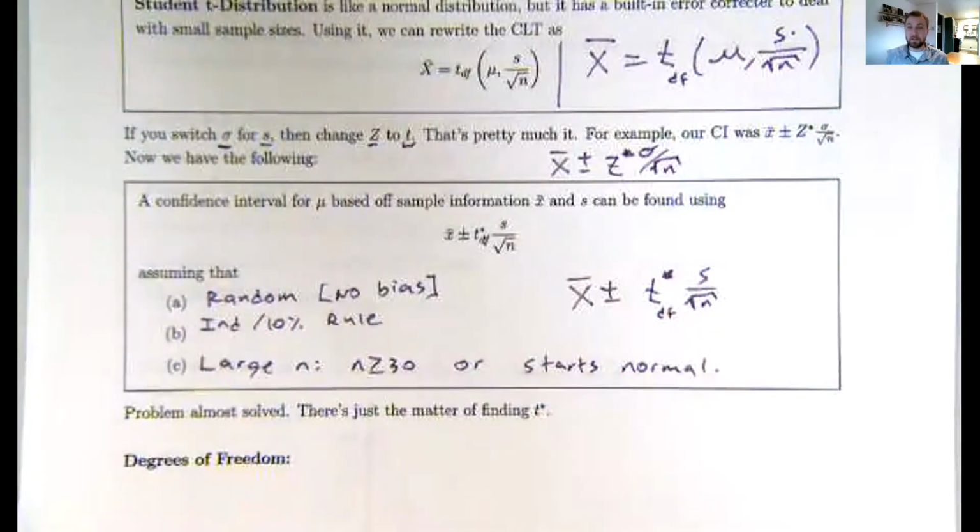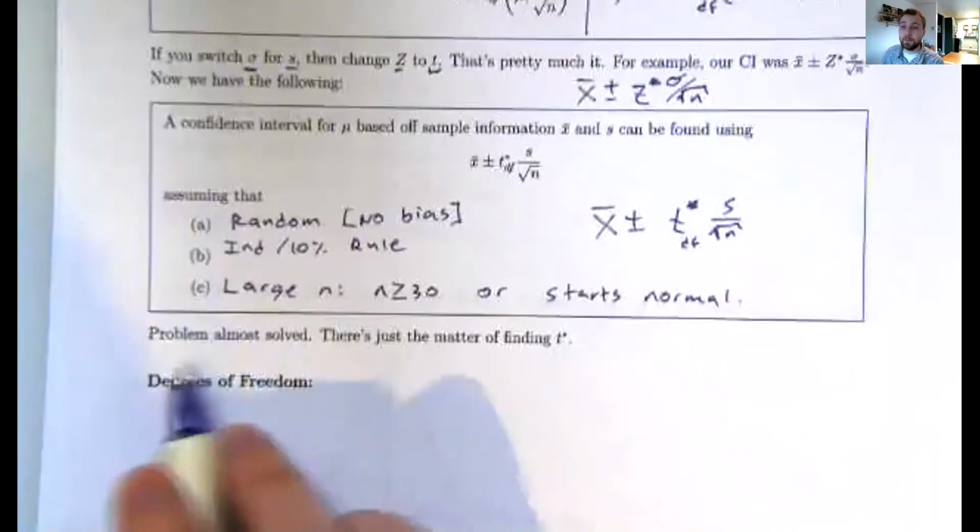And Gossett, for this student t distribution, he discovered that the amount that you need to fix really depends on the number of samples. If you only have 3 samples, you have a lot of error for your approximations. If you had like 1,000 samples, you had considerably less error. That error depended on how much freedom you had.